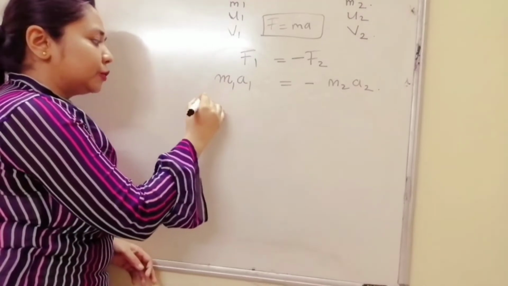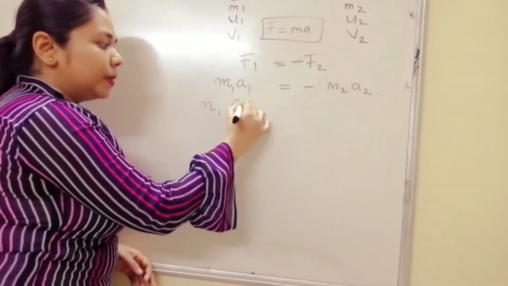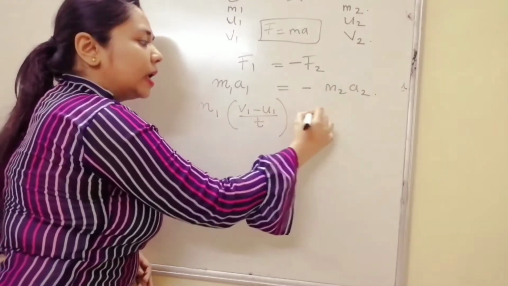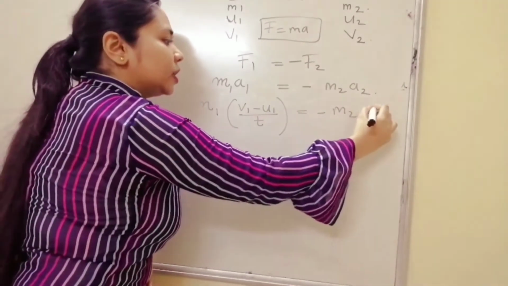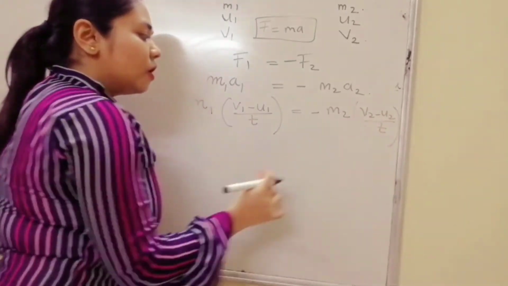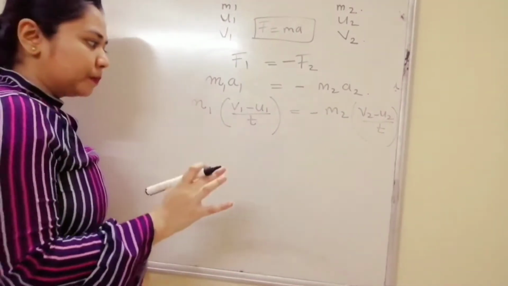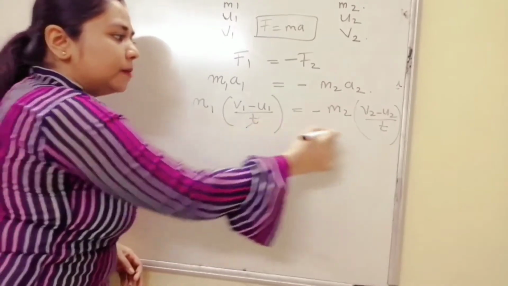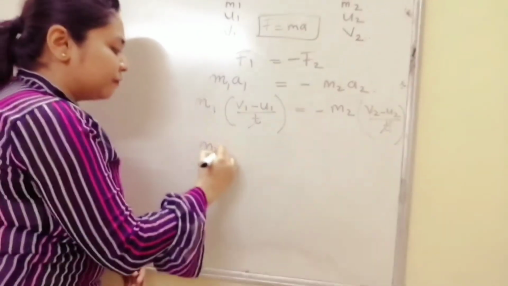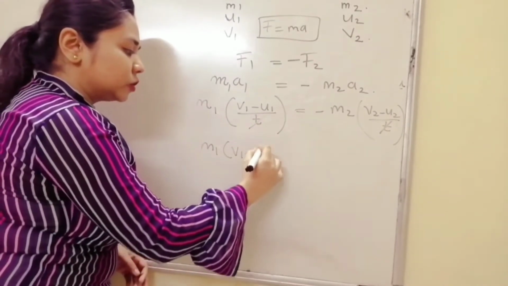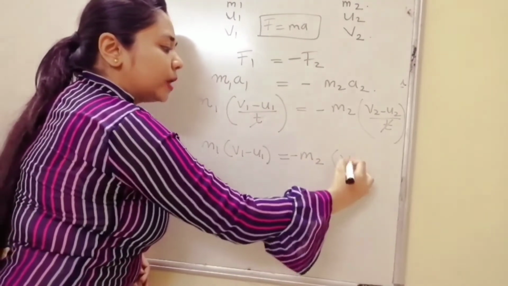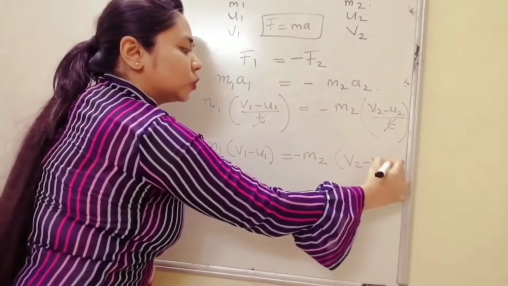Substituting, m1 (v1 minus u1) upon t, and minus m2 (v2 minus u2) upon t. Time is the same for both, so the denominator is the same and we can cancel it. What remains is m1(v1 minus u1) equals minus m2(v2 minus u2).